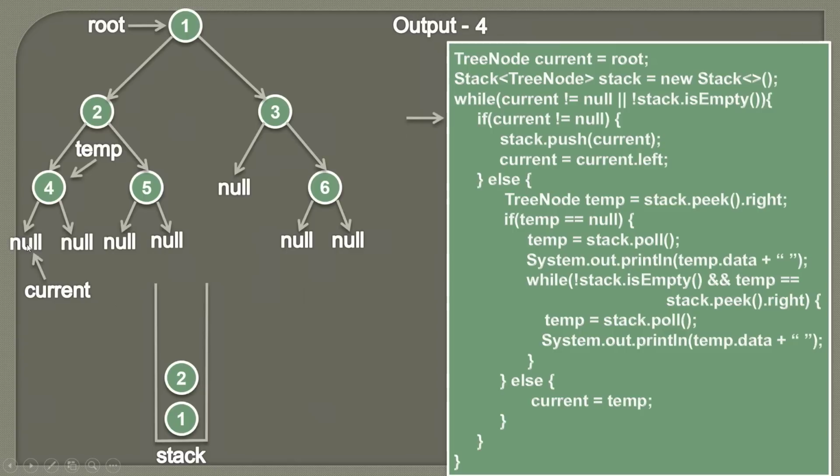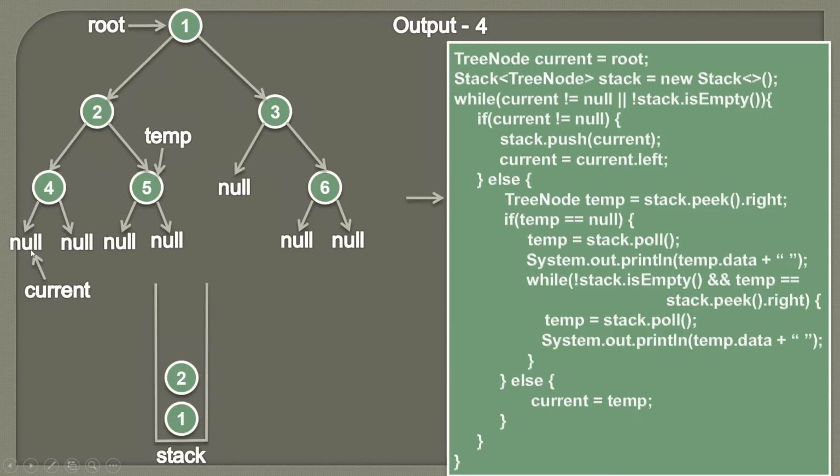Current is equal to null, so we go in the else. Now in the first step we simply assign the stack peek's right value. So stack peek is node 2, and its right is node 5. So temp will point to 5. Why are we assigning this value now?